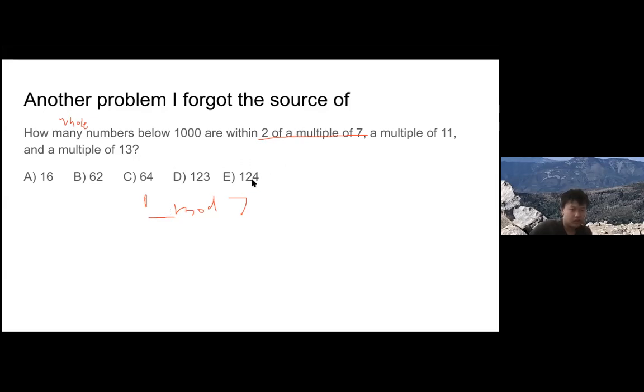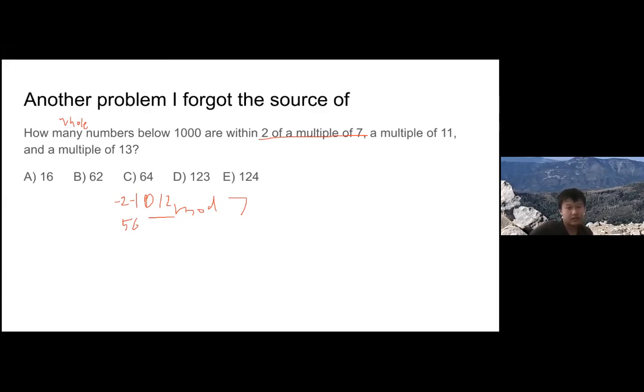What are the numbers that are within 2 of 0? Those are just -2 through 2. You can also write -2 as 5 and -1 as 6 because this is mod 7. Either way, you get that there are 5 different residues.